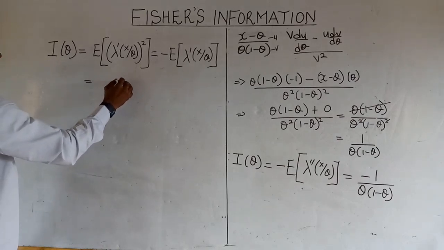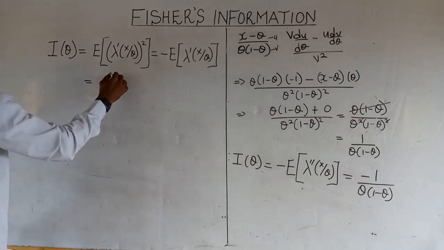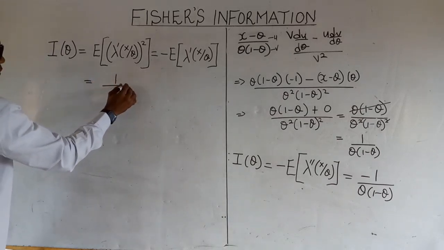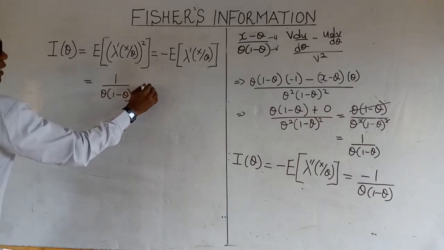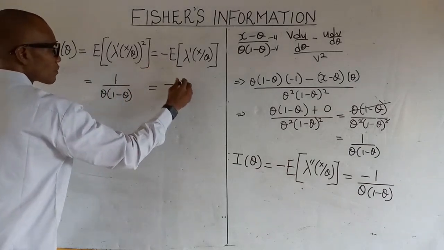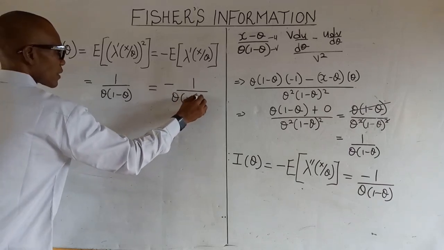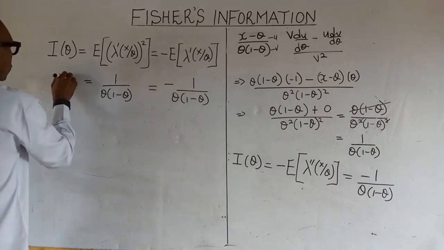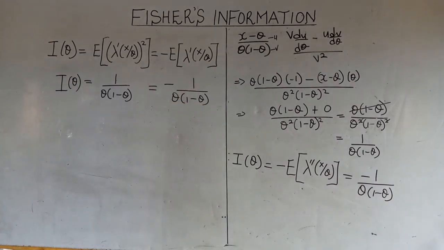We have the first one as 1 over theta times 1 minus theta, and the second one we have it, because of this negative sign, as 1 all over theta times 1 minus theta, which is the Fisher's information. So this is how we can resolve the Fisher's information for the Bernoulli distribution.